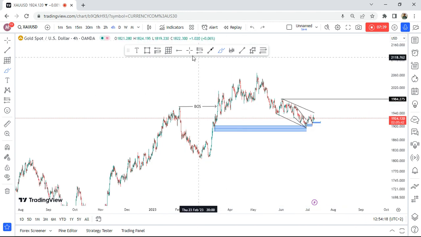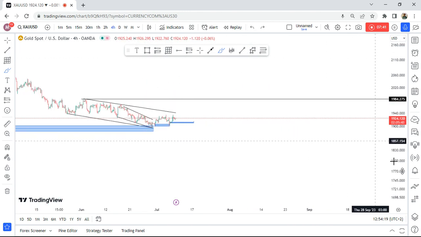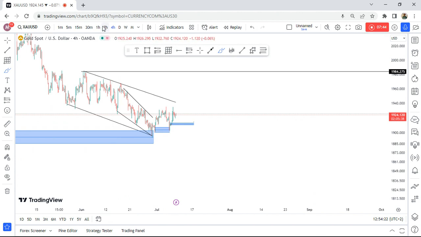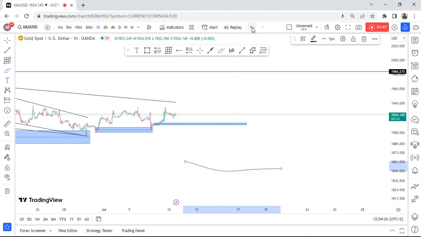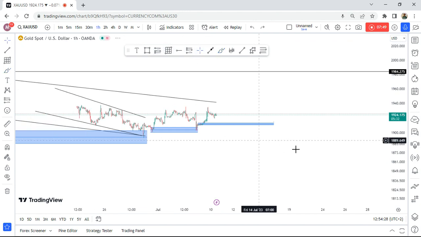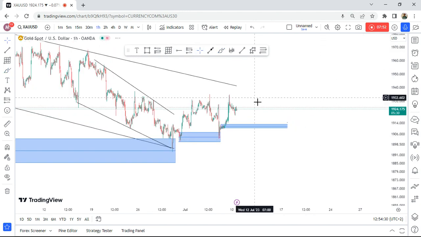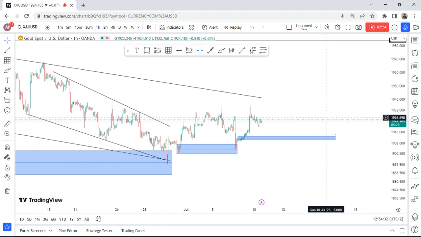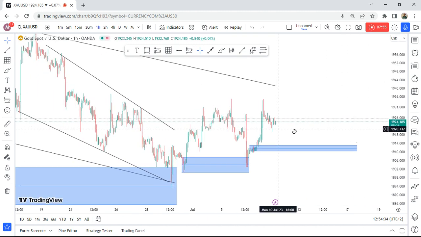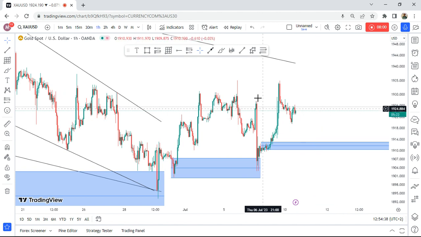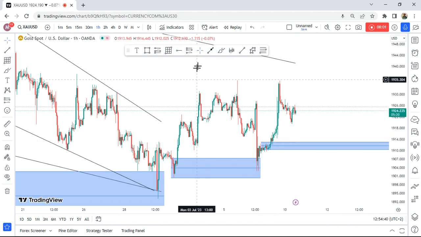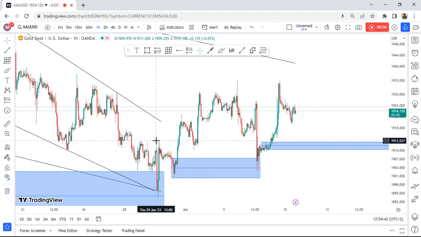What I'm going to do with this one, guys, I just want to open the 1 hour time frame and see what is really happening on the current price. On the current price, we can all see that the market has been pushing to the upside, breaking those previous highs.